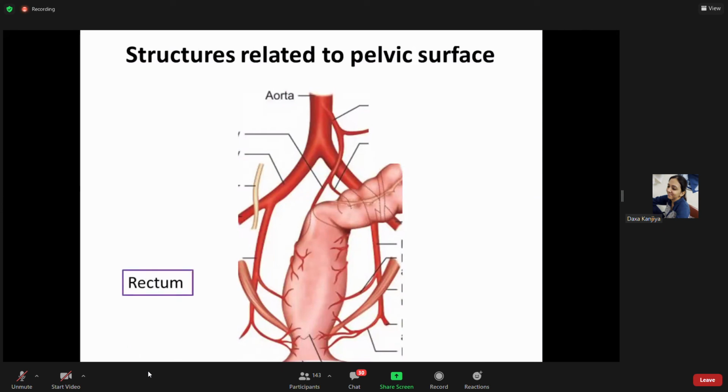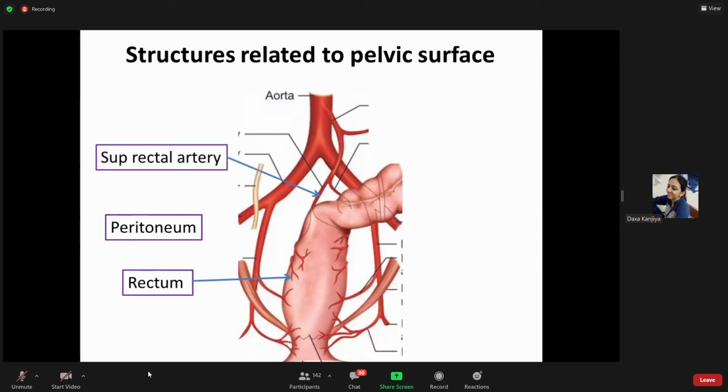So here you can see, this is the rectum. Now this one is the superior rectal artery. If you see on the posterior aspects of the rectum, this artery will divide into two terminal branches.